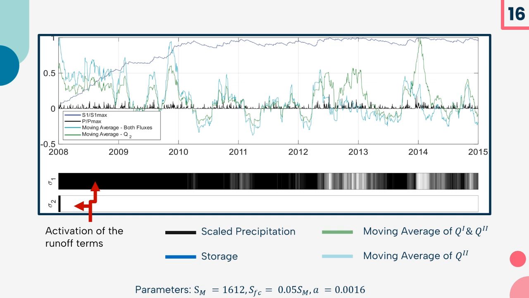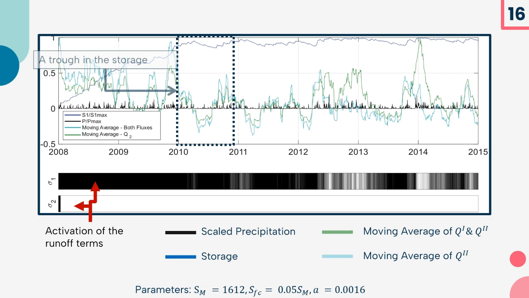And in green, we have precipitation minus just the secondary runoff. So we can see that in this period, as our storage starts to decay, there's not much difference between the green and blue. So we can basically rationalize that it's only the Q2 that's making a difference.